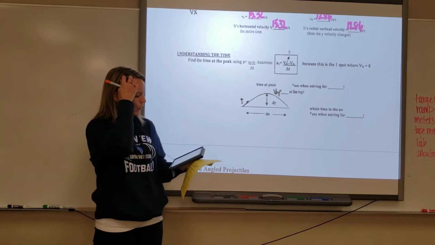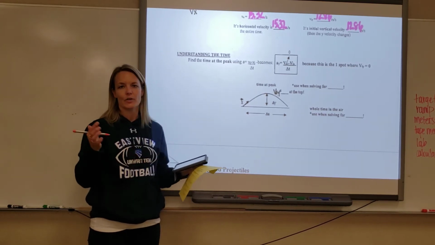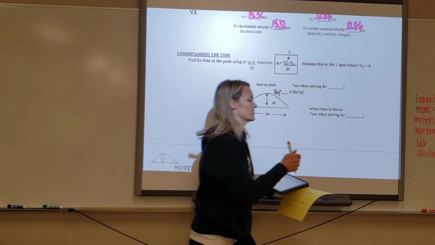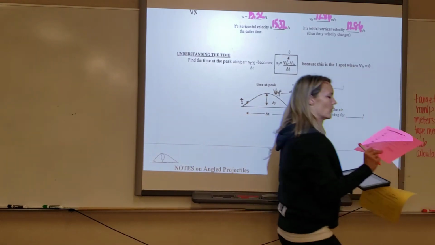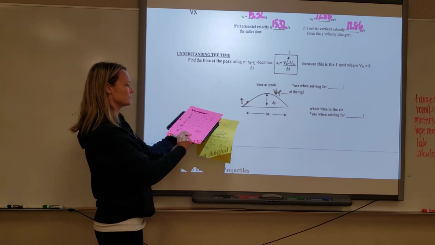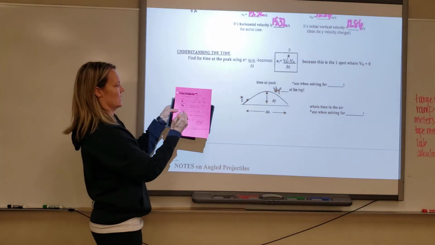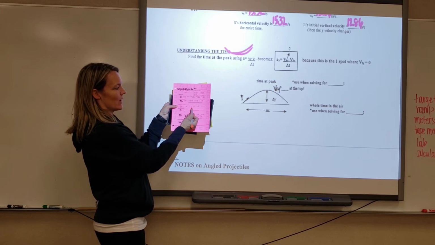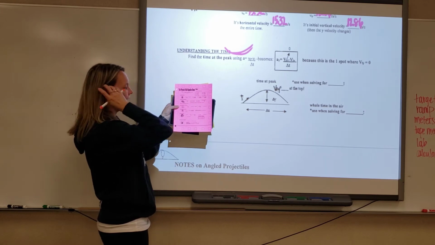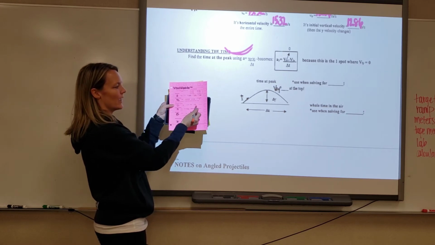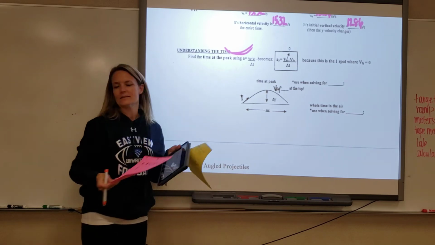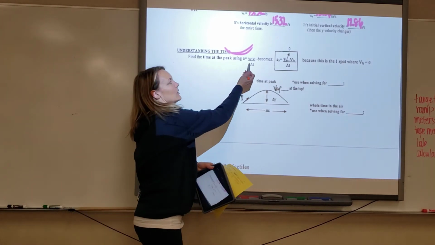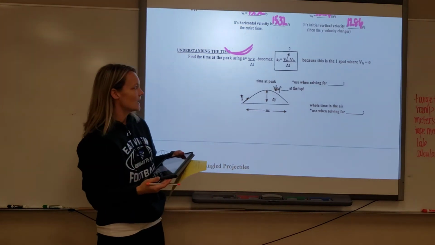Understanding the time, we can use a new equation. If you look at your equation sheet, if you shift over from where you were, we were using Vx equals delta x over delta t and our delta y equation. If you go past the line to the next two, we're at the ay equation. So this equation is the a equals vf minus vi over delta t equation.